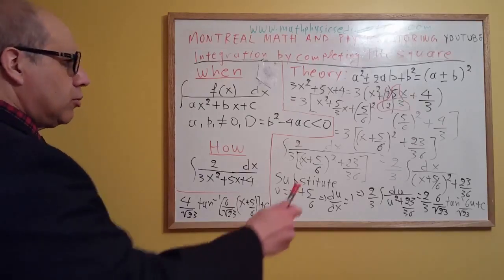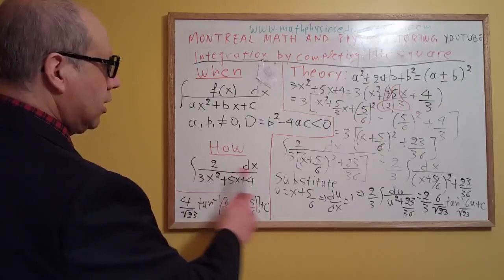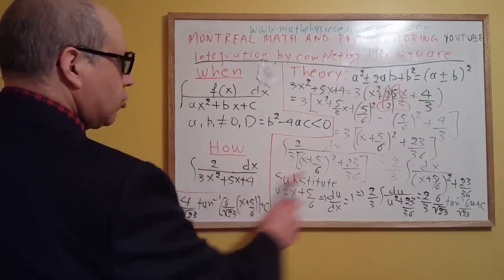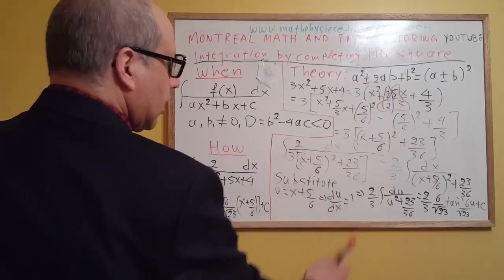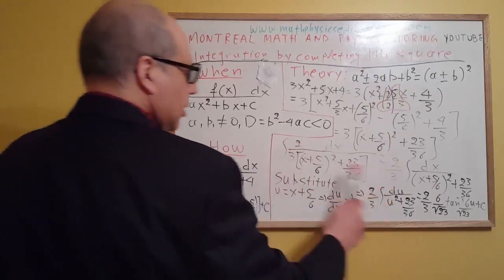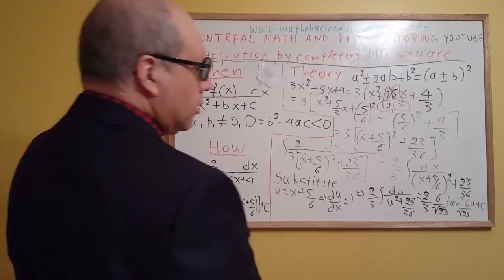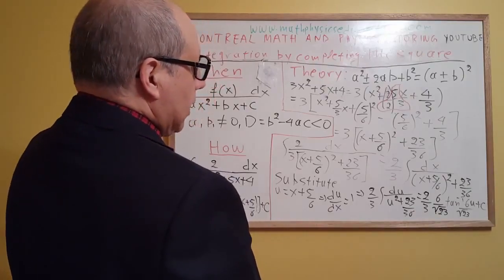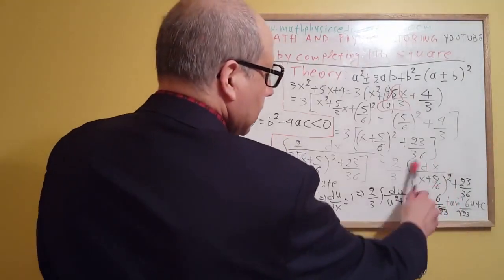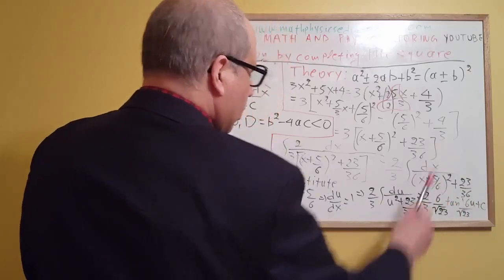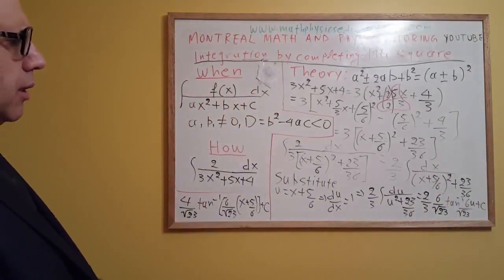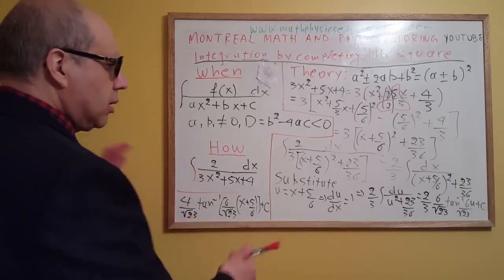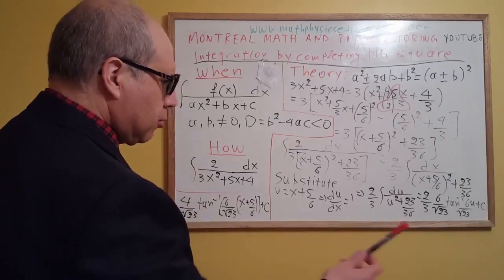So now you go back to your integral. Instead of this we substitute this here. So we have to find this integral. You can take the 2/3 outside of the integral since it's a constant. And now you have to find the integral of this, always with respect to x. What we do here is substitution.